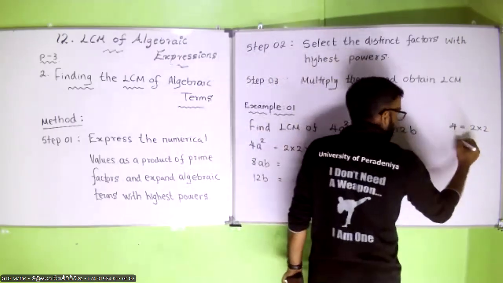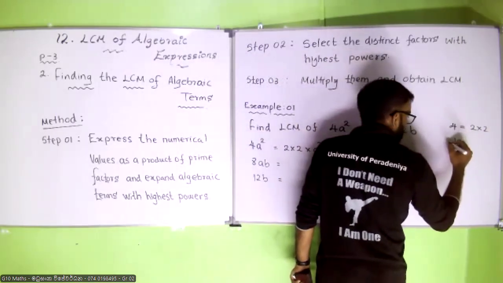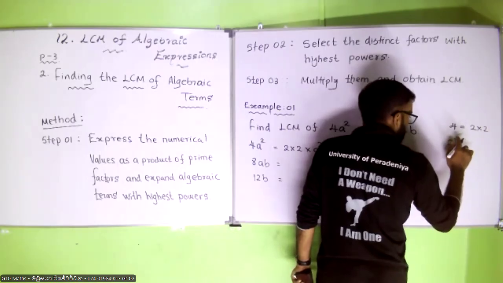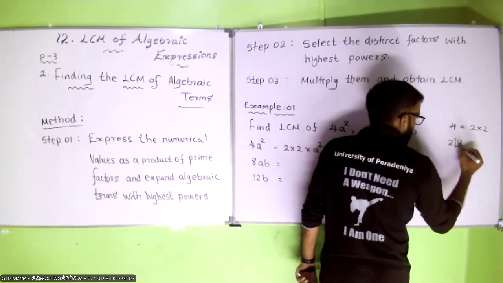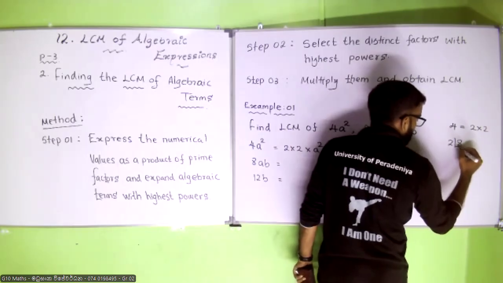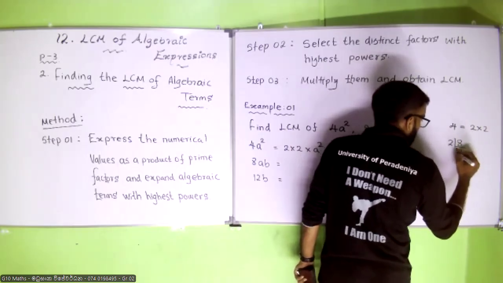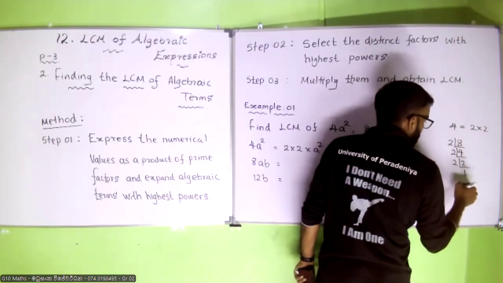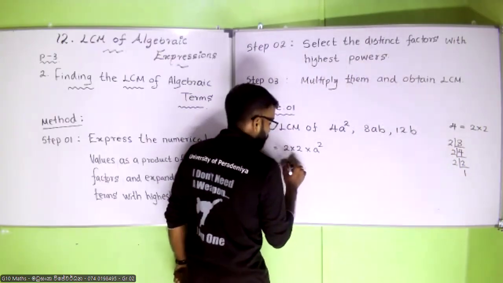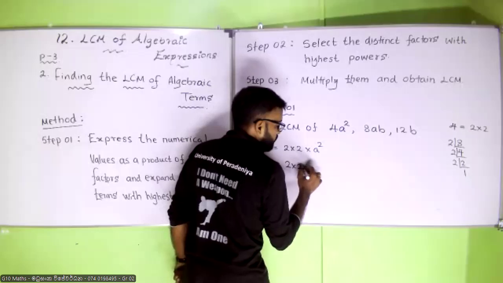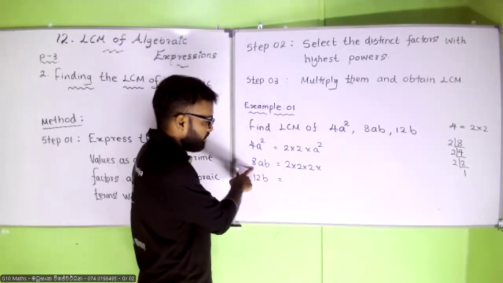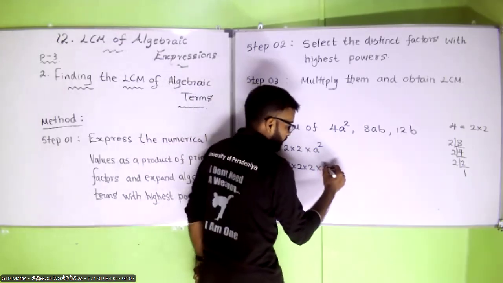For 8, if you want to obtain the product of prime factors, you have to divide by the smallest prime factor, 2: 2 times 4, then 2 times 2, until you get 1. So 2 times 2 times 2 times a times b.